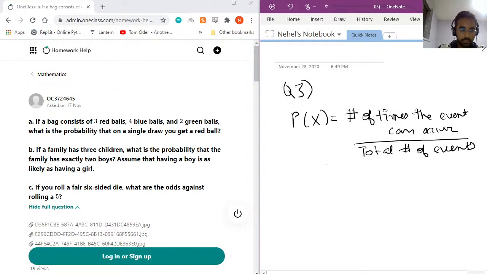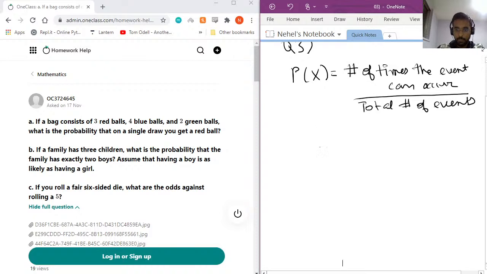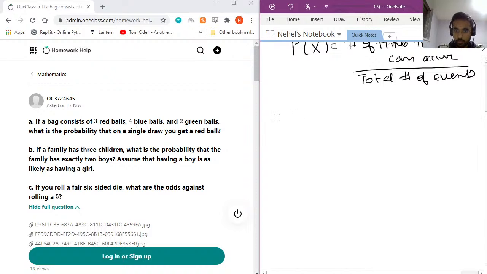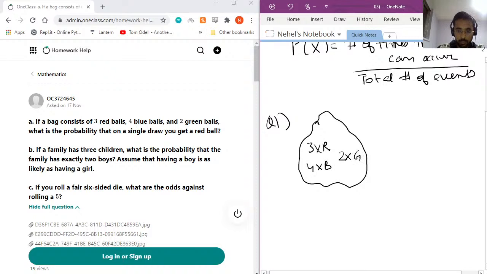The first question gives us a bag which consists of 3 red, 4 blue, and 2 green balls. So in question 1, we have a bag in which we have 3 times red, 4 times blue and 2 times green balls.